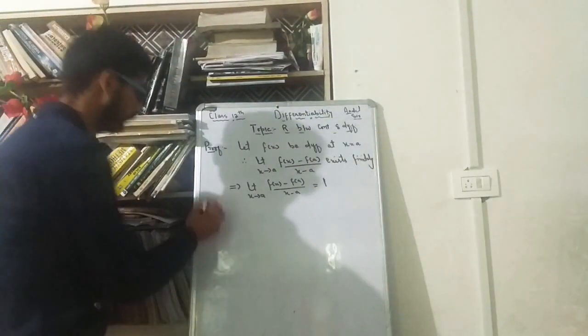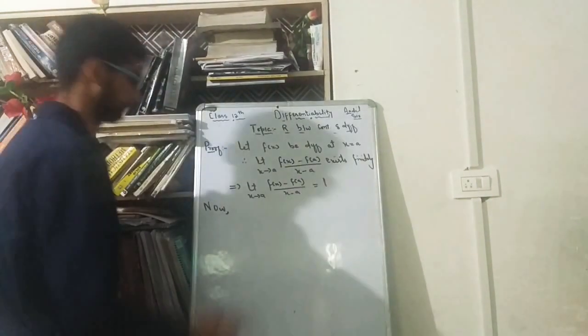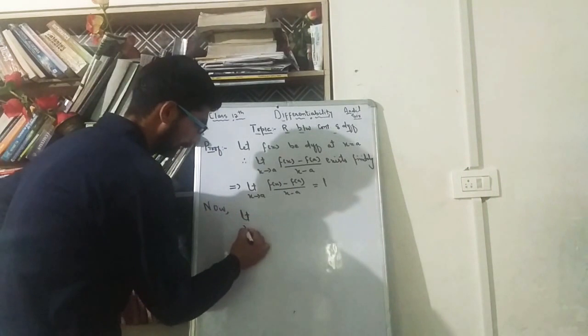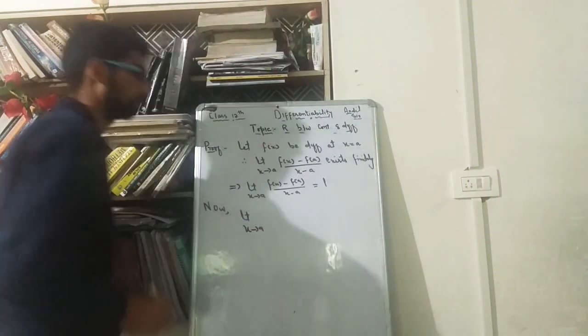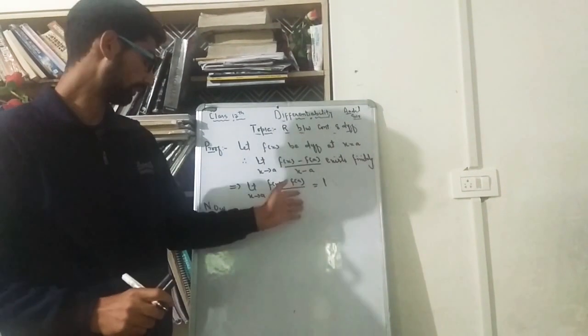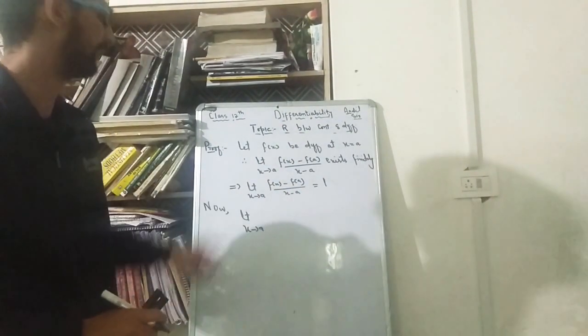Now what I have to show is that if this function is differentiable, if it satisfies this condition, then the function must also be continuous. So I have to show the continuity of the function.